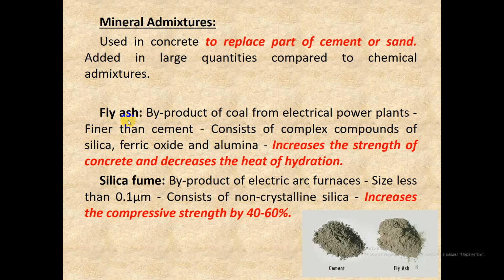Example, fly ash: a byproduct of coal from electrical power plants, finer than cement, consisting of complex compounds of silica, ferric oxide, and alumina. It increases the strength of concrete and decreases the heat of hydration.